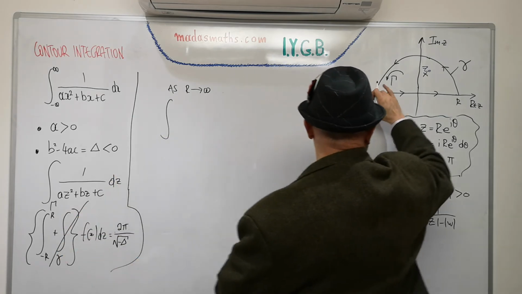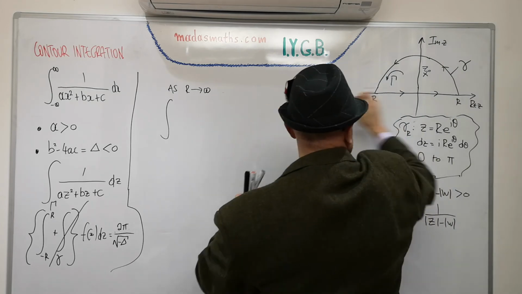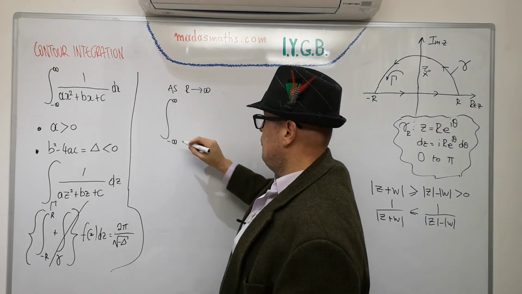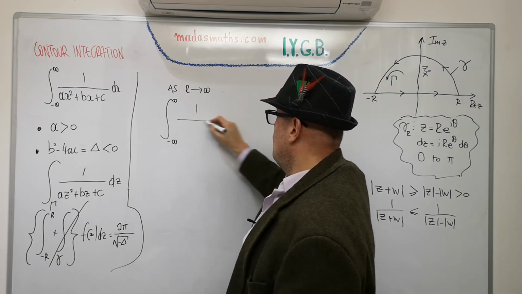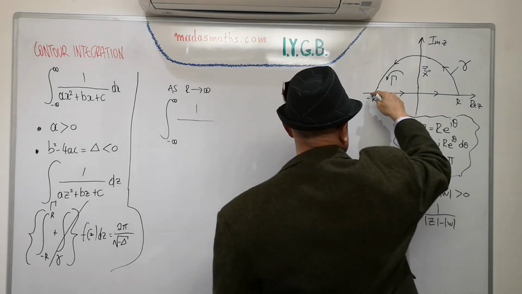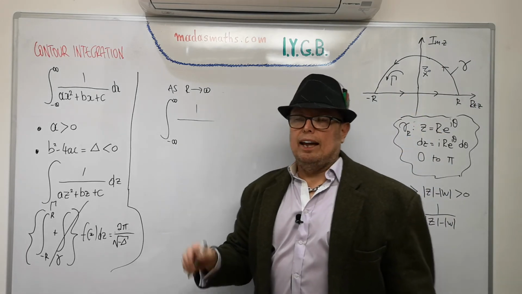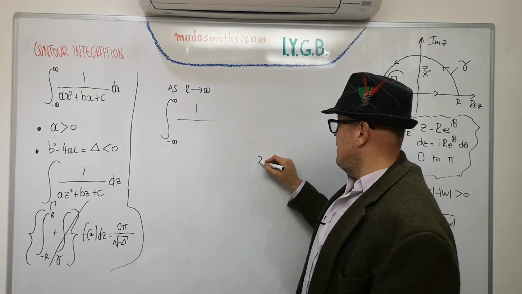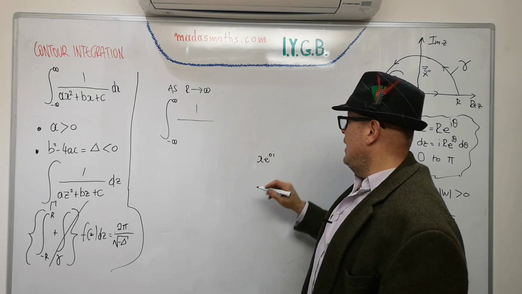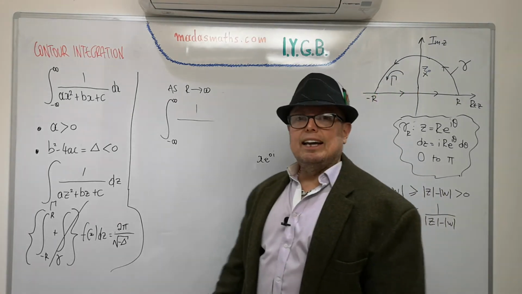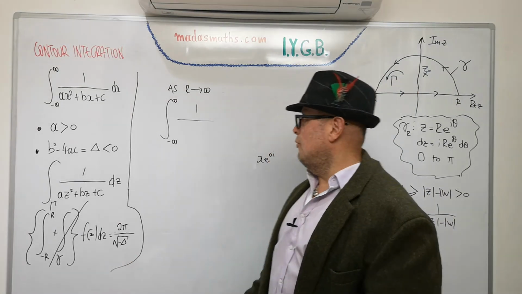This circle has been blown up to infinity, so that goes from minus infinity to infinity. Along the x-axis, my z is just simply x. As I have mentioned in the past, x e to the 0i, there's no fractional powers or log, so you can just say z is x, and my dz is, of course, dx.